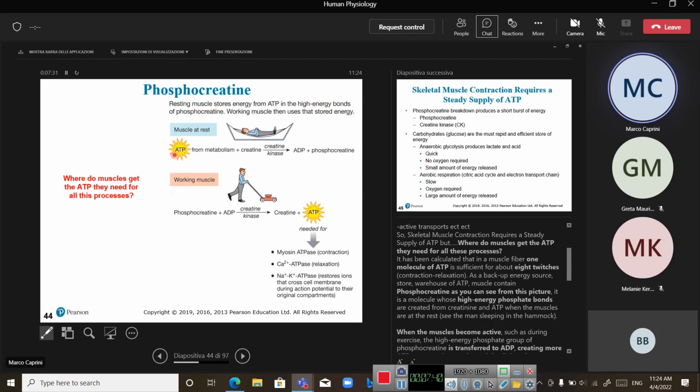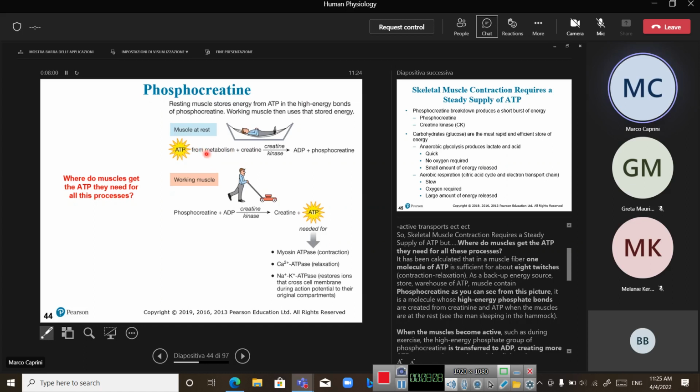I don't know if you already analyzed phosphocreatine and ATP production in biochemistry, but phosphocreatine is a molecule whose high energy phosphate bonds are created at rest.